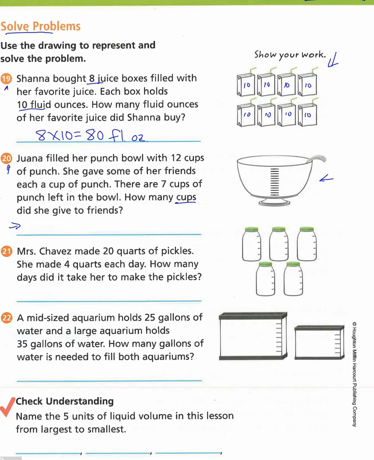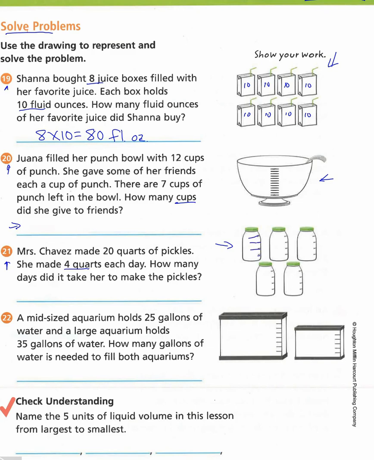All right, number 21 says, Mrs. Chavez made 20 quarts of pickles. She made 4 quarts each day. How many days did it take her to make the pickles? So looking at these drawings over here, 4 quarts each day. So I'm looking at, this must be 1 quart, 2, 3, 4.